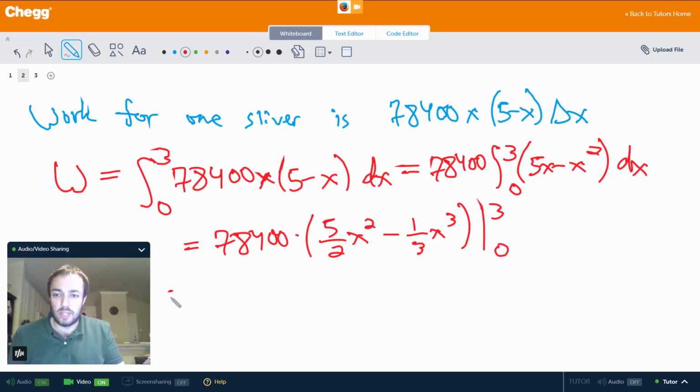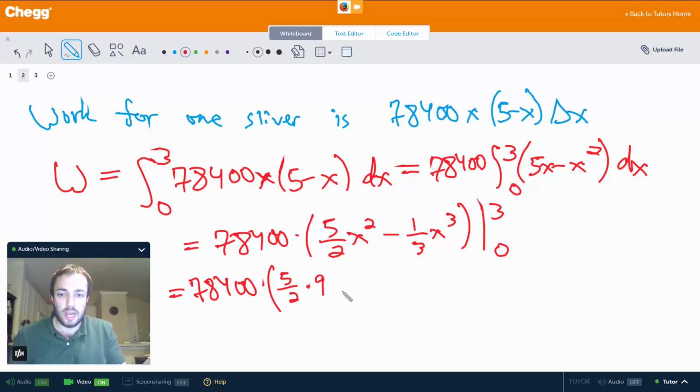So now we multiply 78,400 times, let's evaluate this at the top, we get 5 halves times 9 minus 1/3 times 27. And then we have to subtract and evaluate at the bottom, but notice at the bottom x is 0, so all of this is just 0 at the bottom.